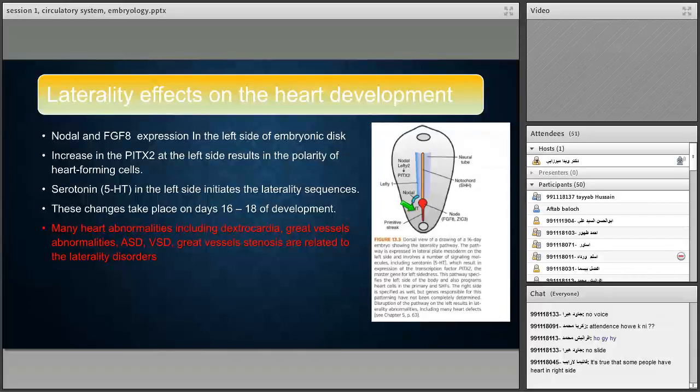Dextrocardia is a condition where the heart is placed in the right side of the chest. If all of the organs beside the heart are placed in the reversed position, we call that condition situs inversus.